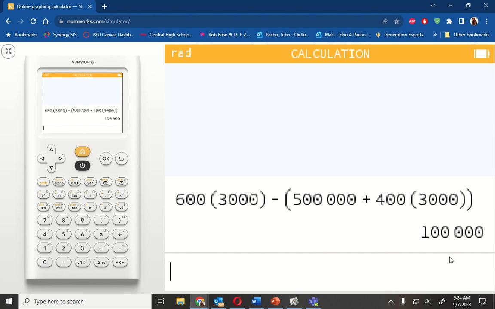So this number is positive 100,000. That's such a disappointing number.